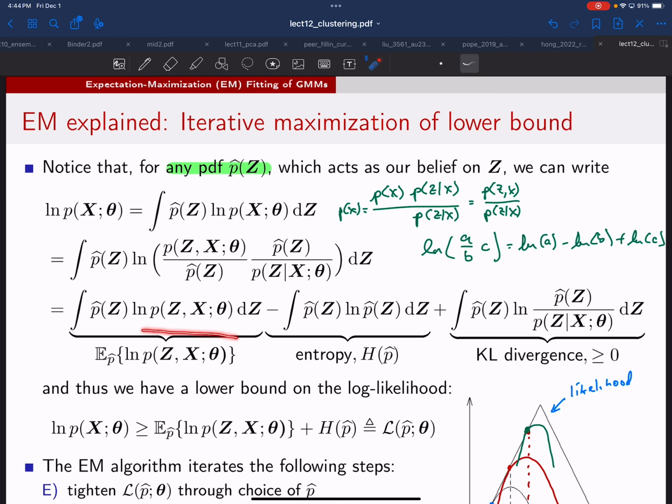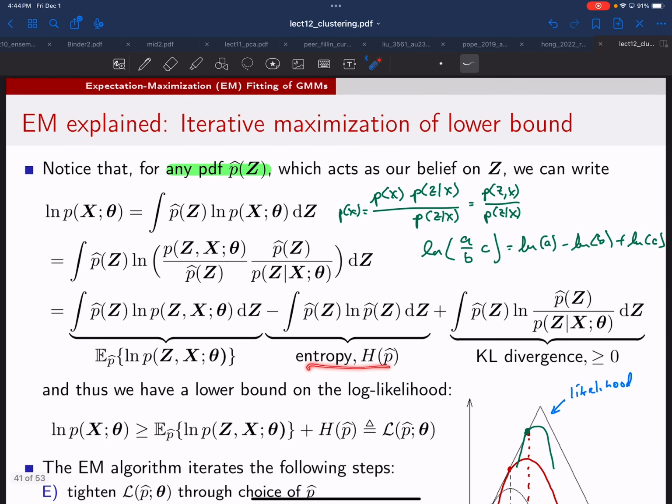And now it turns out that we start to see some recognizable things. So the first thing we're seeing is that strange term that was the Q function in our likelihood, but we'll get into that more later. The second thing, if you've taken a course in information theory, or maybe you've seen this even otherwise, is called the entropy of this distribution p hat z. It's the integral of p hat times log p hat, basically.